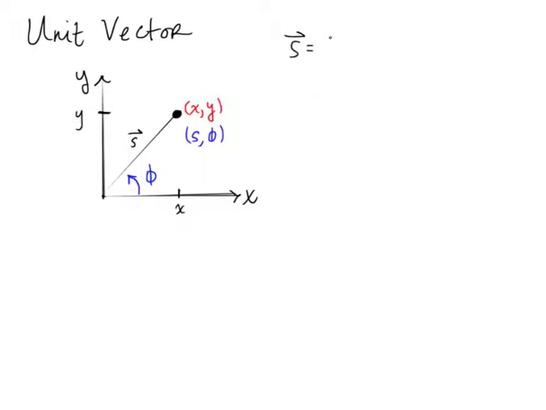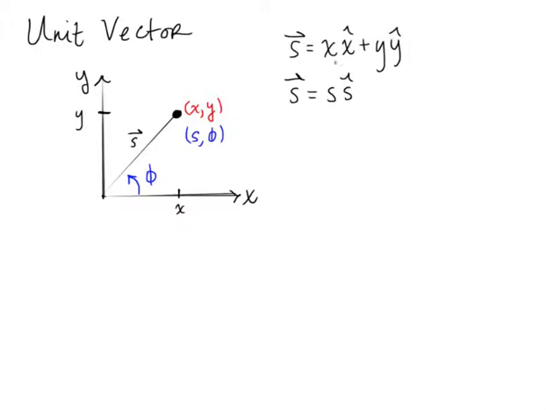So s simply becomes x x-hat plus y y-hat. And s is also equal to, in polar terms, s s-hat. When we're trying to rewrite s in terms of s and phi from our Cartesian, it's important to remember some trig.